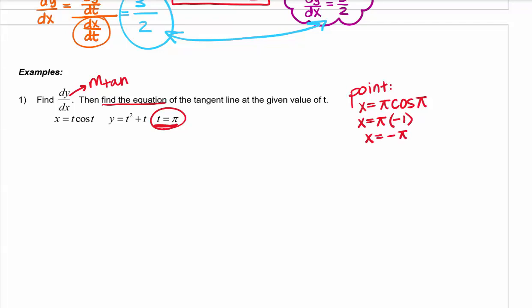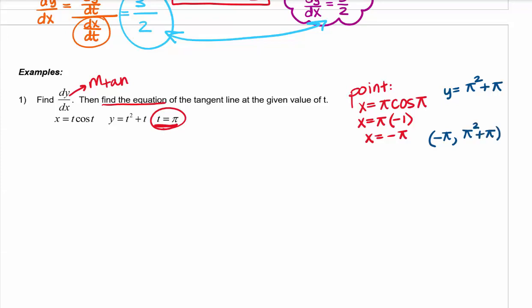And then I would just do the same thing to figure out what that y value is. I will substitute in the value of pi. Well, this isn't going to look quite as nice because there was no trig involved. So it literally just is pi squared plus pi. So the point that I'm trying to find here is actually (-pi, pi squared plus pi).